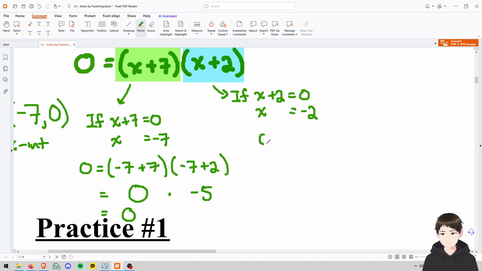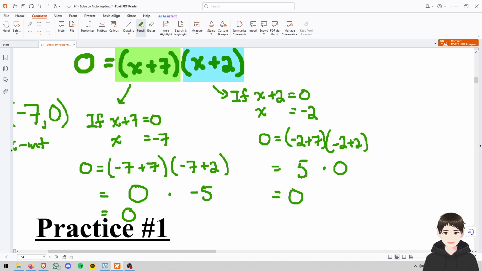If the x value is -2, I'm substituting in -2 plus 7 and -2 plus 2. -2 plus 7, I'll do that for you. That's a positive 5 this time. But I multiply. This is going to be 0. But again, I don't care what this number is because I know the other one will be 0. I don't have to even do this in my head.